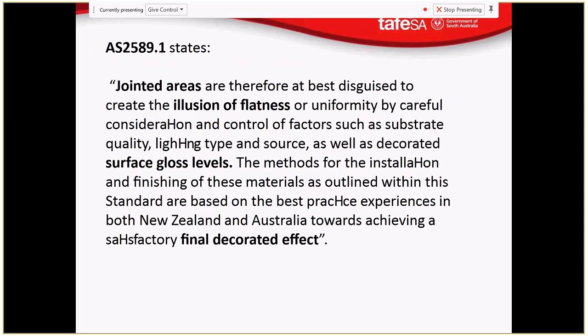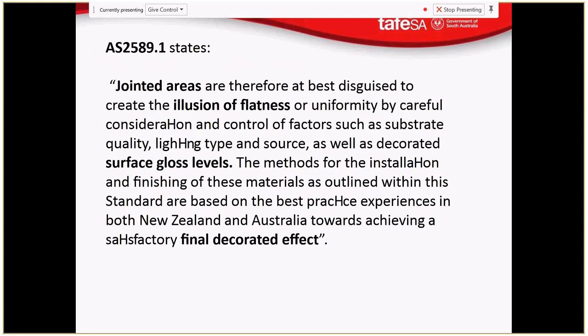So, careful consideration and control of factors such as substrate quality, lighting type and source, as well as decorated surface gloss levels. The methods for installation and finishing of these materials outlined within this standard are based on best practice experiences in both New Zealand and Australia. So it basically tells us what we already know, that we don't want to have joints obvious unless they're specifically designed as expressed joints.